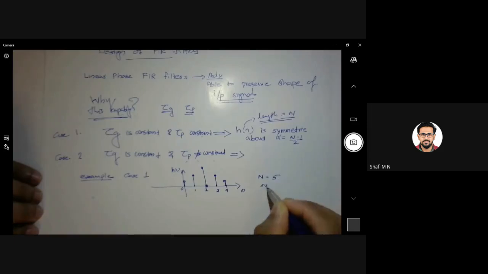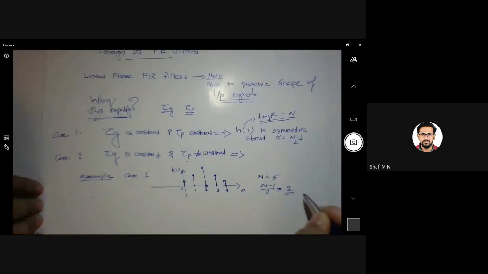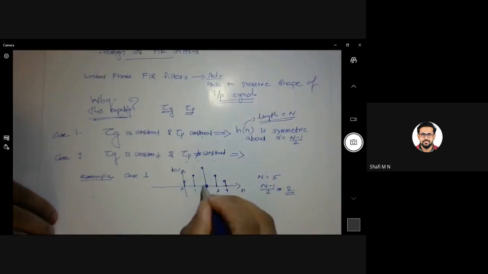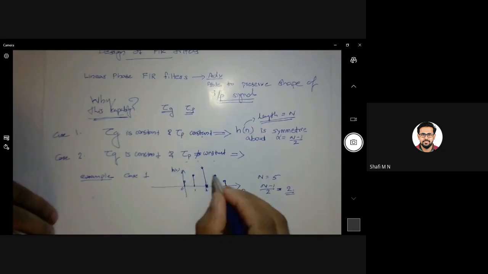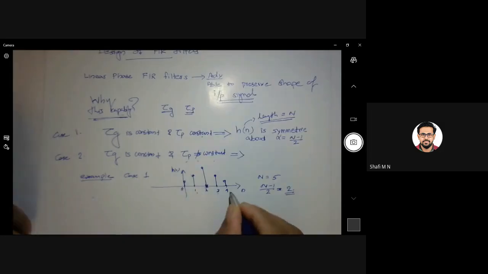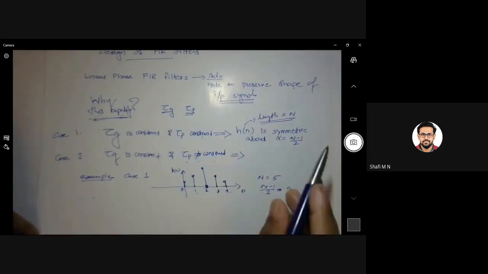So what is (N minus 1) by 2? 5 minus 1, 4 by 2, that will be 2. So about this particular point 2, you will have a symmetrical nature. This is the point of symmetry. h(1) is equal to h(3), and h(0) is equal to h(4). So definitely the impulse response will be symmetric.